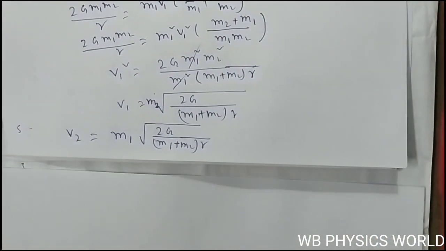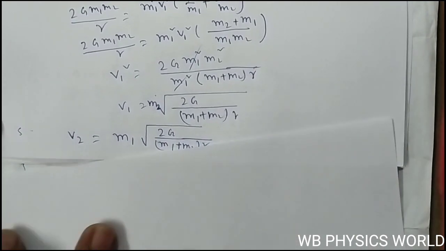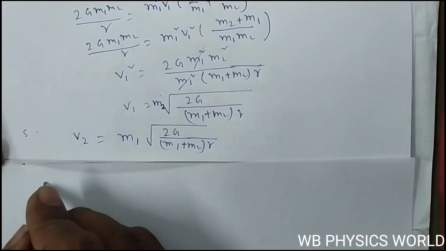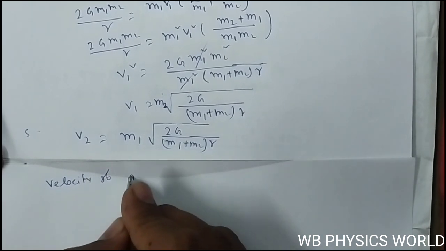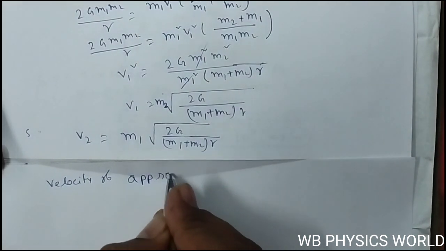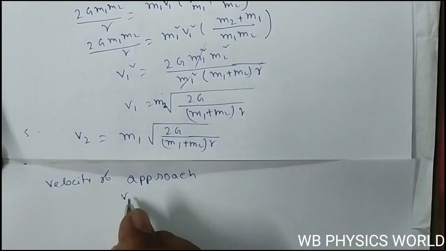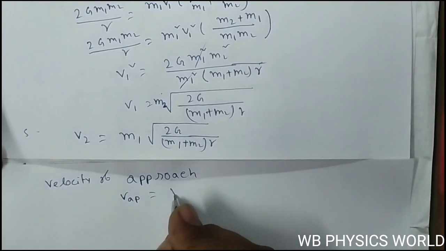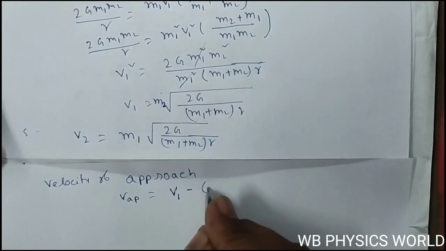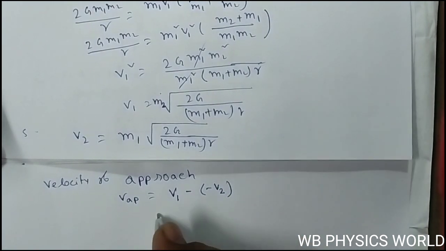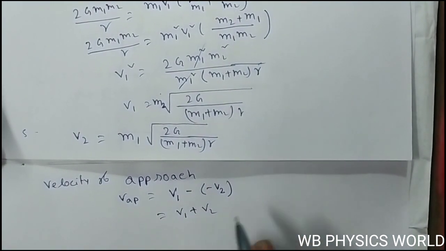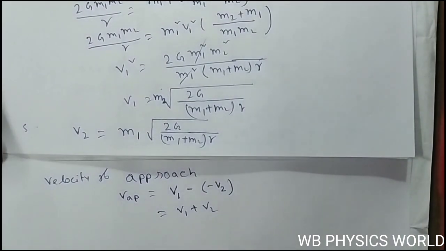Now the velocity of approach, that is v approach, is v1 minus minus v2, and since v2 is opposite to v1, this is v1 plus v2.